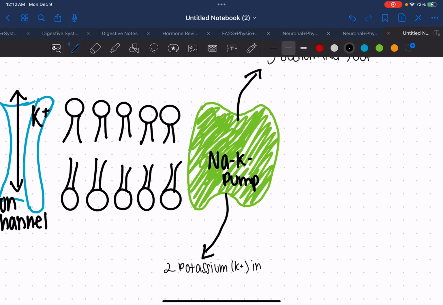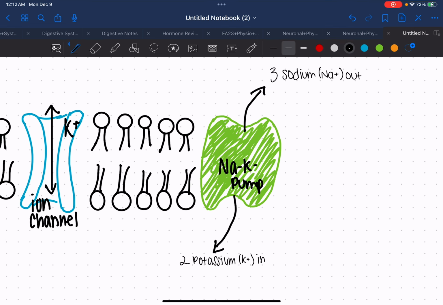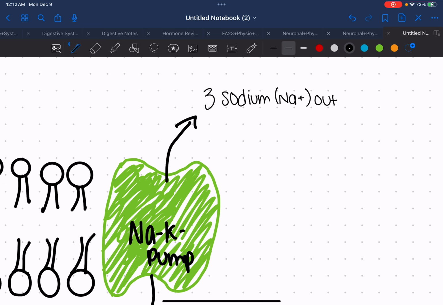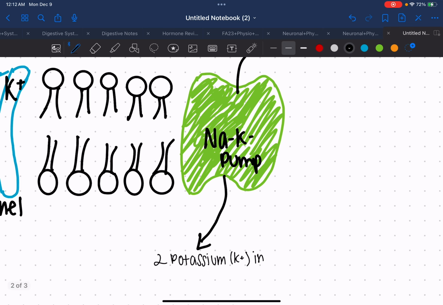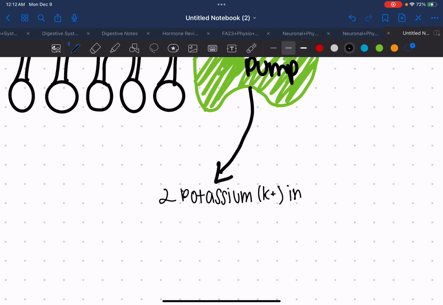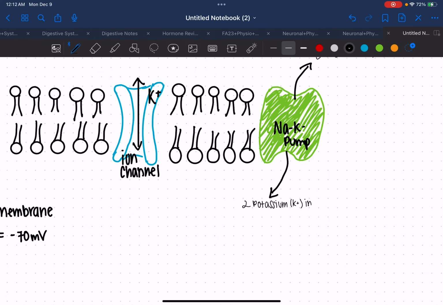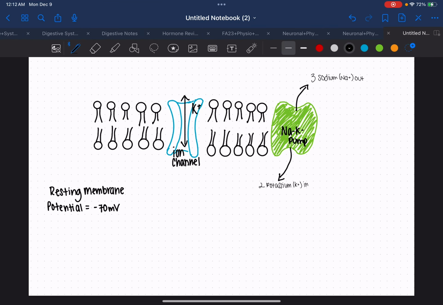This is a transport protein that uses energy to constantly pump 3 sodium ions out of the cell, while at the same time pumping 2 potassium ions into the cell. Because more positive ions are being pumped out than in, it helps to keep the membrane potential negative.